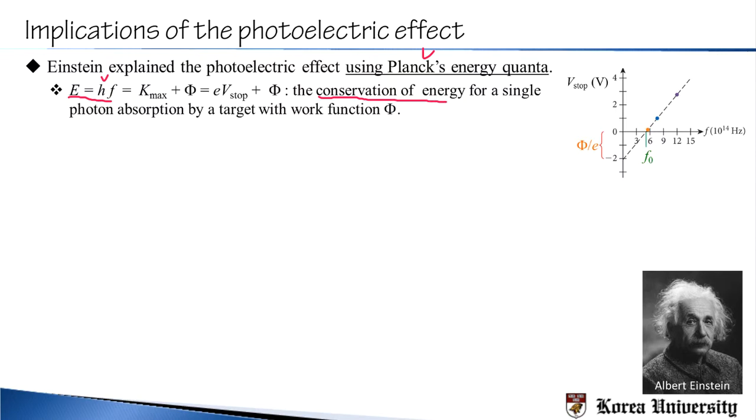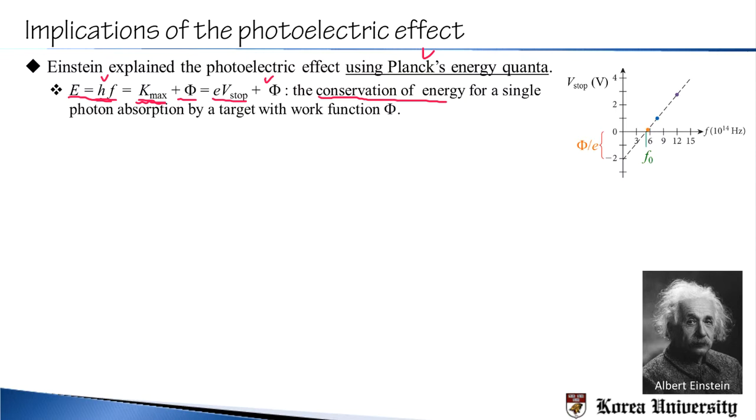the energy hf, which is provided by the light, becomes the energy of the electron plus the energy lost during this collision process. So the kinetic energy, K max, of the electron is simply the elementary charge multiplied by the stopping potential, and this term is simply the work function, which is the energy loss of the electron at the surface.